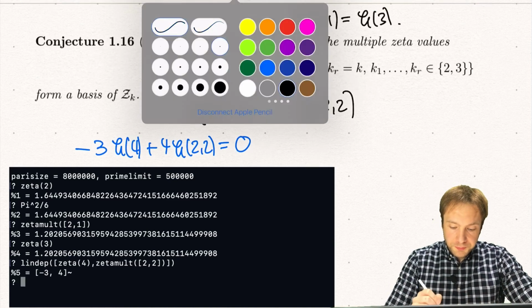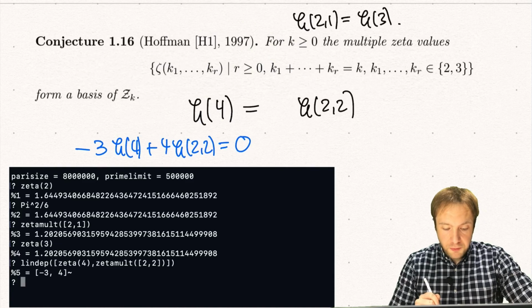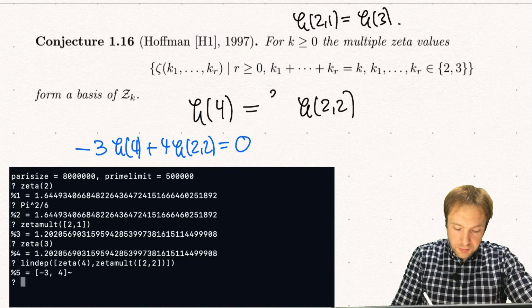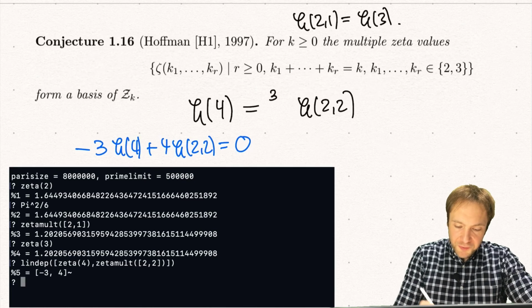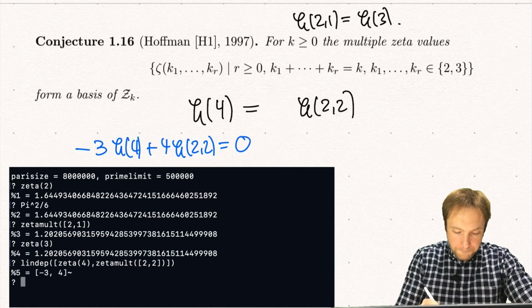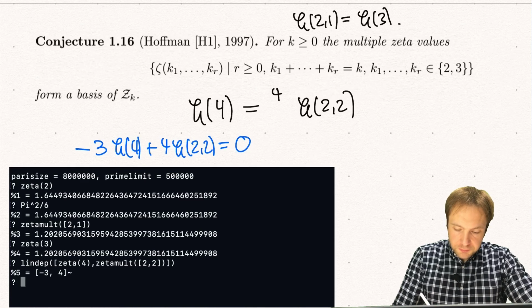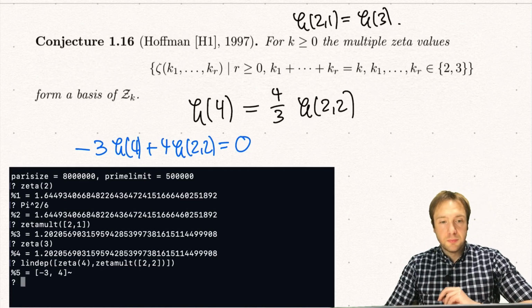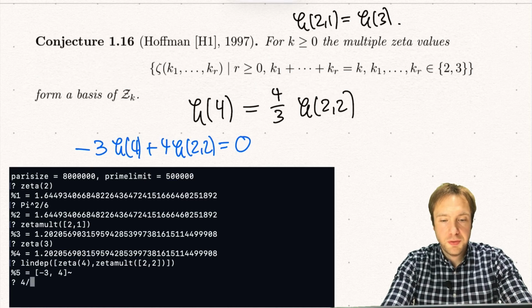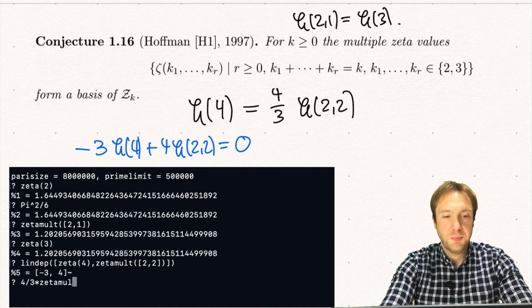In other words, the number I'm looking for is, of course the other way around, 4 over 3. So 4/3 times zeta 2, 2 should be zeta 4.